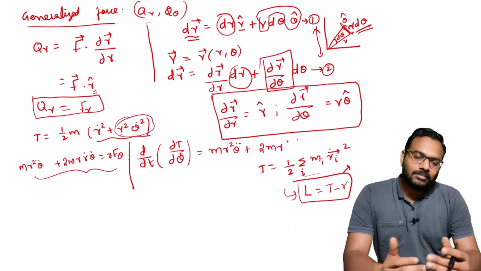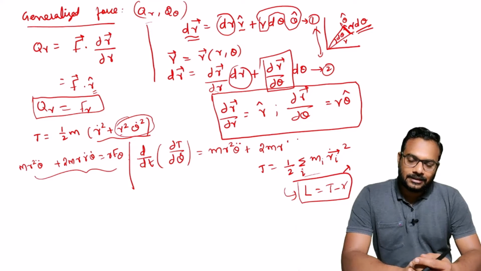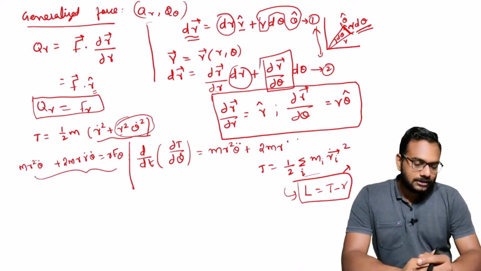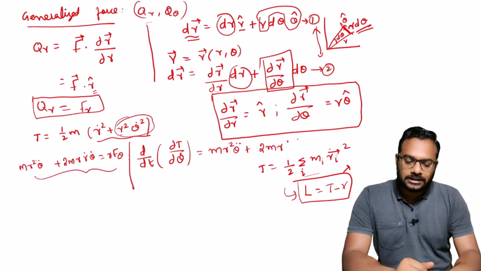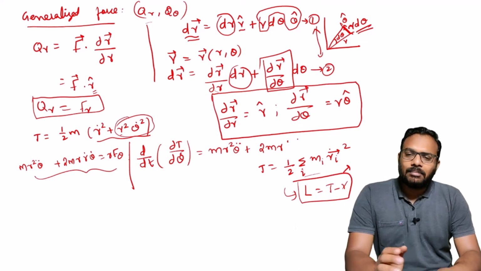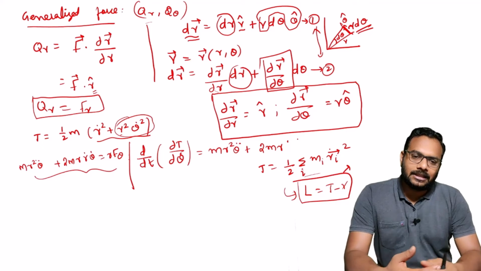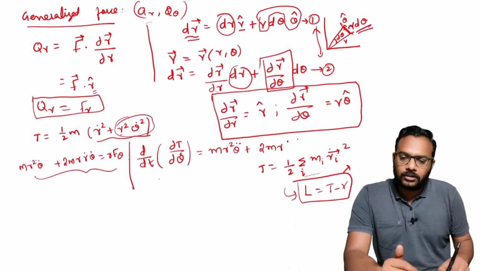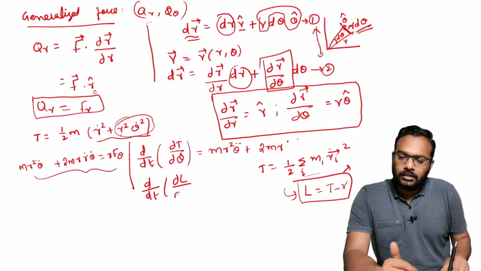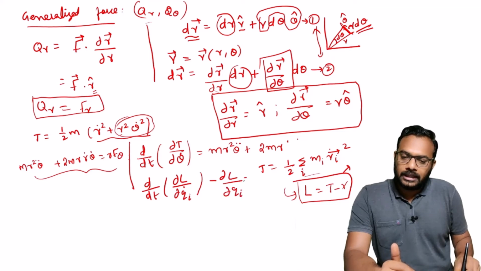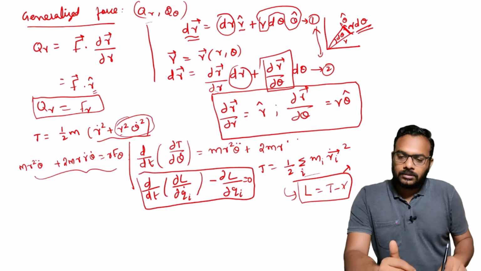It's quite easy, very easy when compared to the Newtonian formalism. In some cases, as I said, it's convenient to use the generalized force, but you don't have to. You can always use d by dt of ∂L by ∂q_i dot minus ∂L by ∂q_i is equal to 0. This can be used.